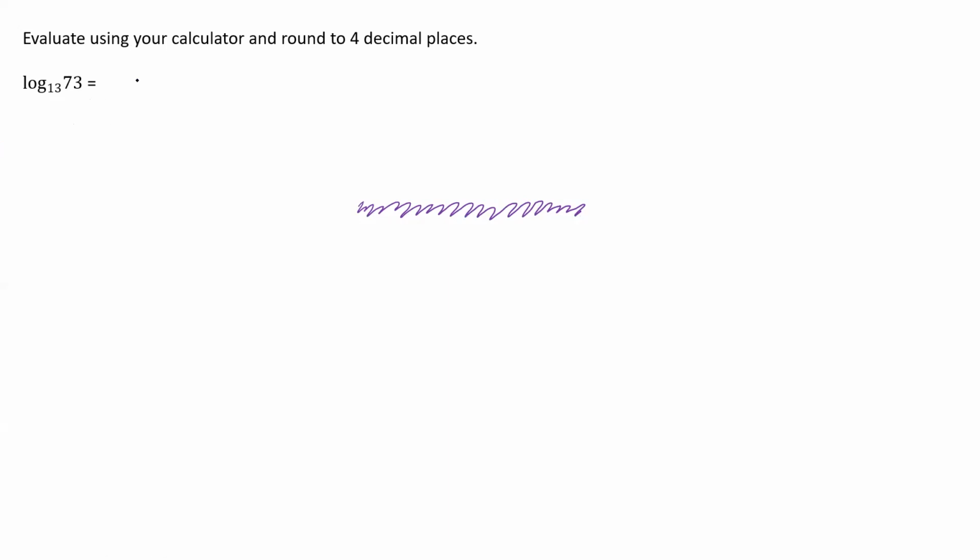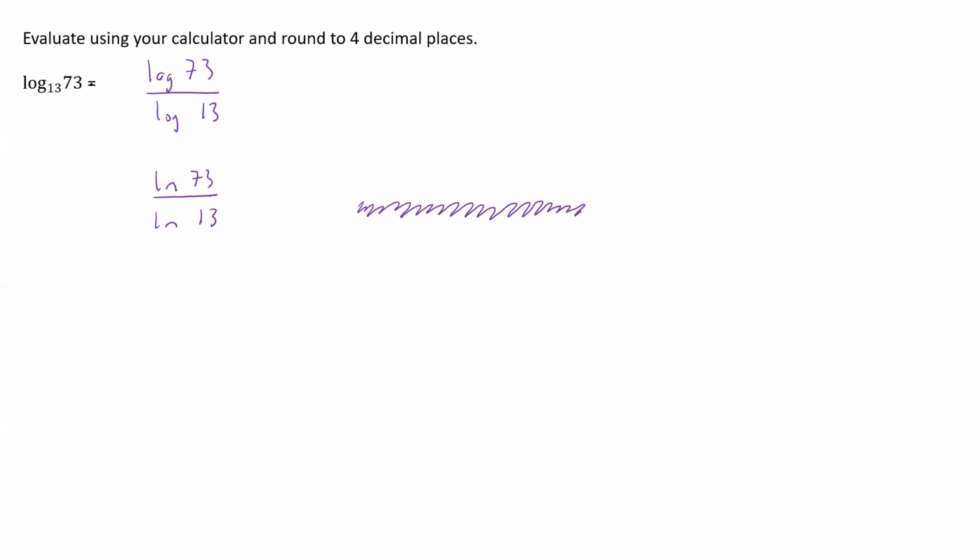I'll have log of 73 divided by the log of 13, or I could do the ln of 73 over the ln of 13. So basically, we're just changing the base to get rid of that.